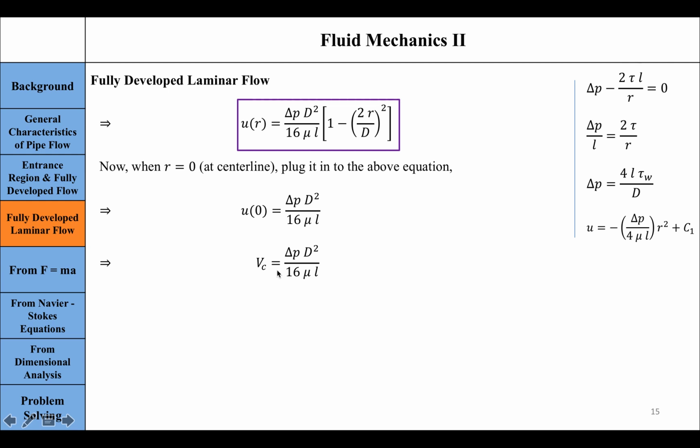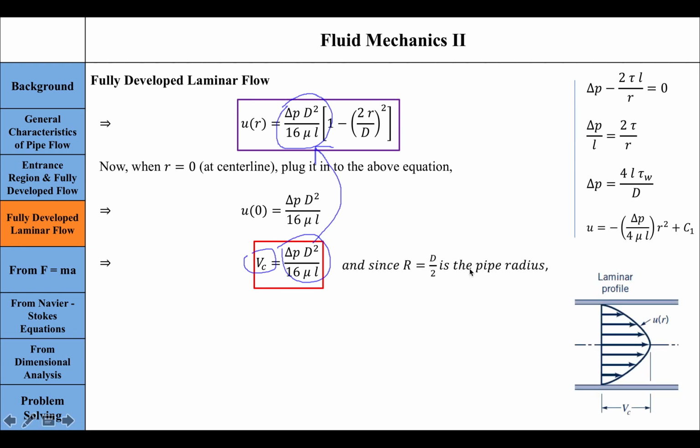And if you notice, this entire thing is exactly the same as this one. So what that essentially means is that I can plug this in here. Instead of writing all of this down, I can just substitute it by VC.